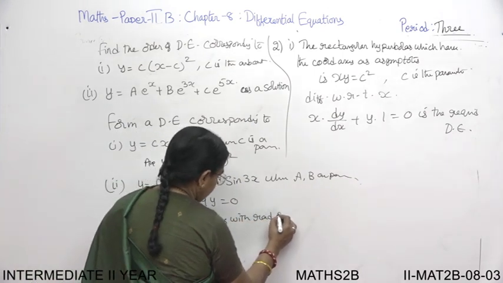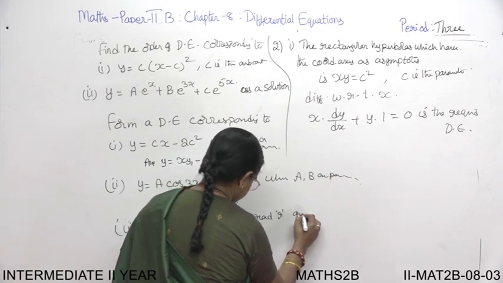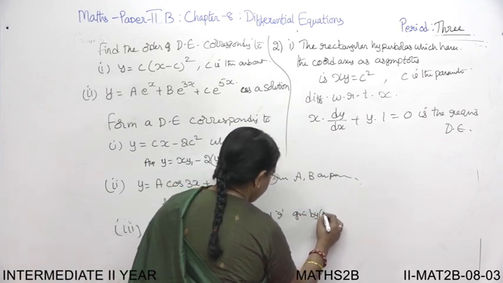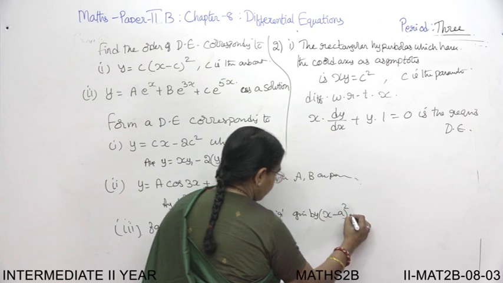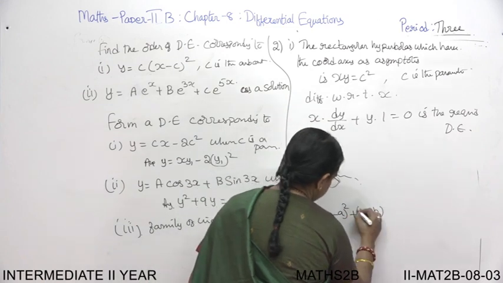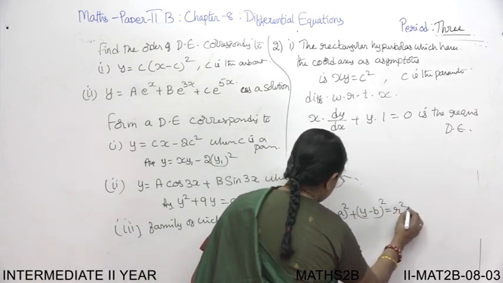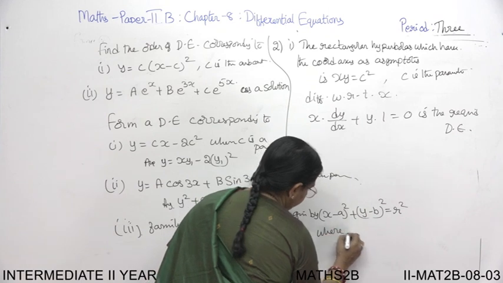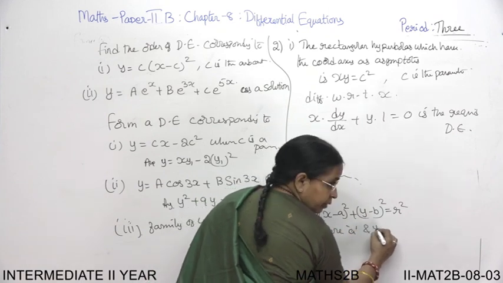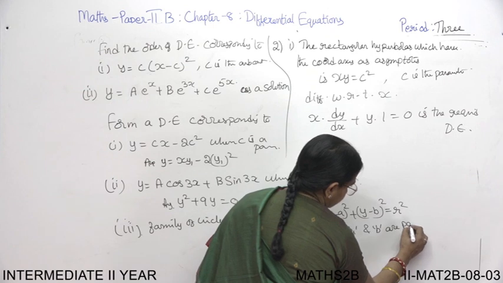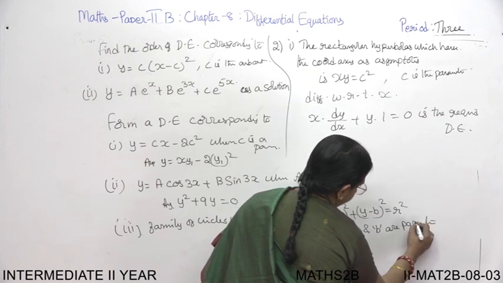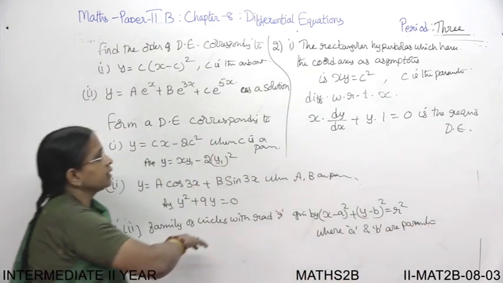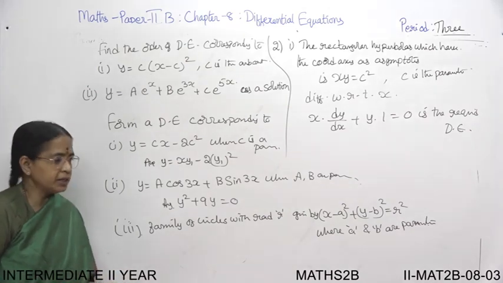Radius r means r is fixed, given by x minus a whole square plus y minus b whole square is equal to r square, where a and b are parameters. So this is the example. All these are example problems only. You can refer to the textbook and complete.